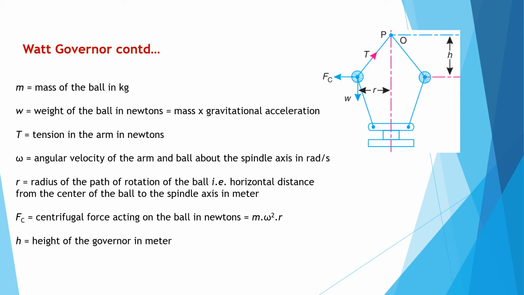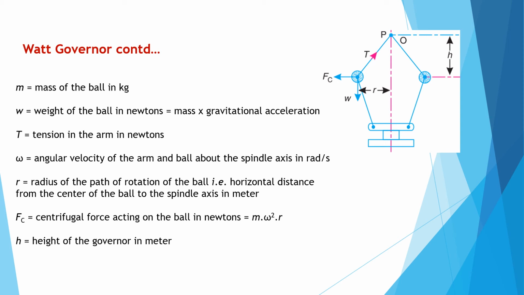Then the centrifugal force acting on the balls in Newtons in the outward direction is m omega square r, where m is the mass of the ball, omega is the angular velocity of the spindle or the ball, and r is the radius of rotation of the ball, that is the horizontal distance from the center of the ball to the spindle axis. It is measured in meters.